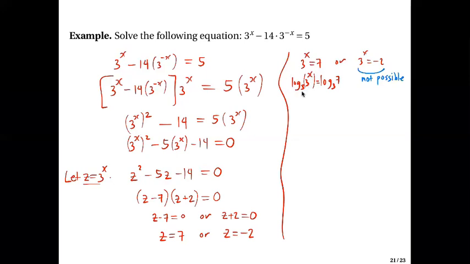And then you have log 3 base 3. So x is equal to log of 7 base 3. So this is our final answer. This is the solution. If you want to test it, it's totally fine. But you will get the answer.